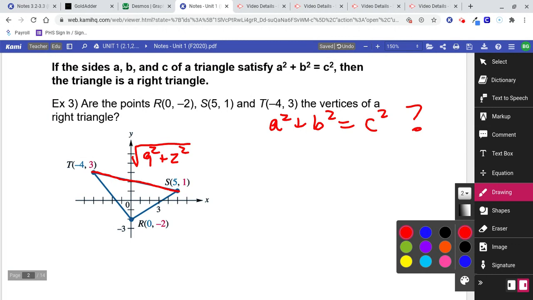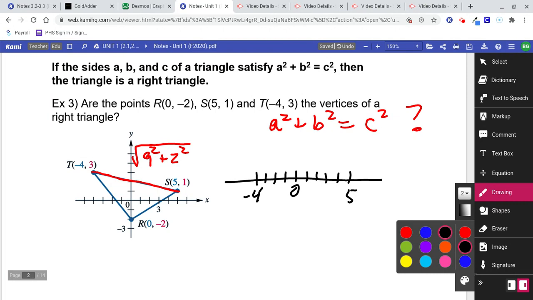So why would the distance be 2 for 3 and 1? Well, check it out. Think about a number line. Here's 0, and if I go 1, 2, 3, there's -4. Oh, it's because they're both positive. Exactly. So the distance between -4 and 5 is 9. Think about what the formula says.